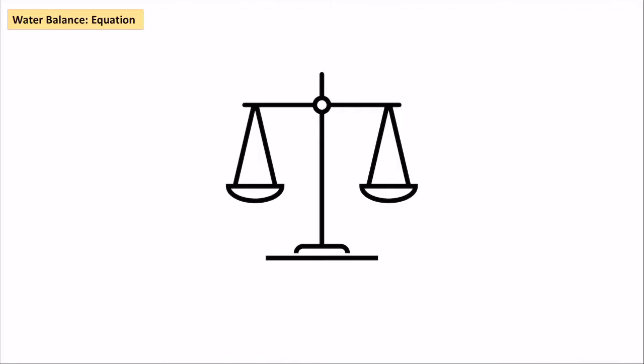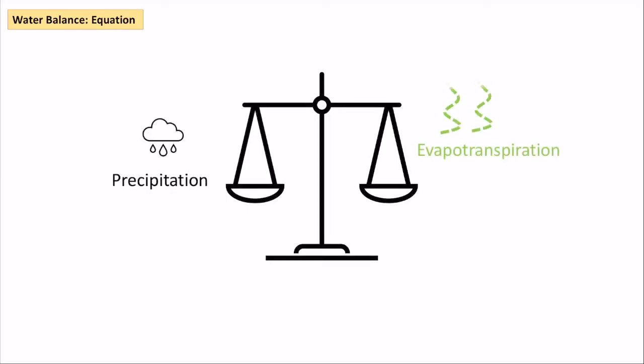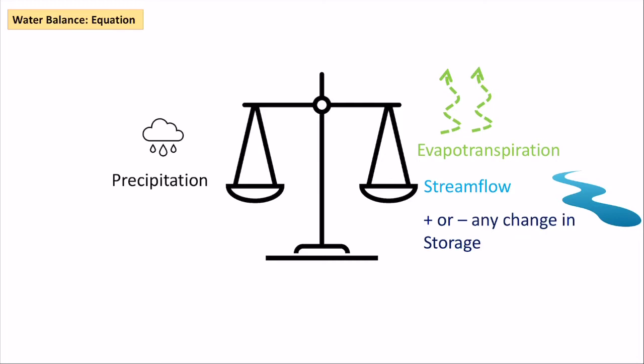And as I said before, in the inputs we would have precipitation. But in terms of outputs, we would not just have stream flow, but we'd also have other things going out of that system, out of that drainage basin, potentially into another drainage basin. So we would have evapotranspiration, which is a combination of evaporation and transpiration from leaves. As I mentioned before, stream flow, but also we would have changes in storage.